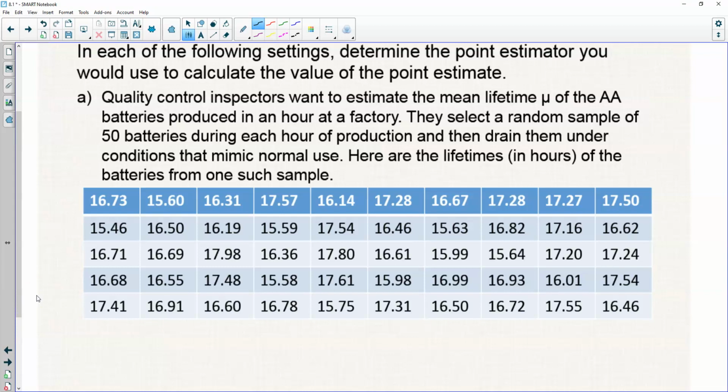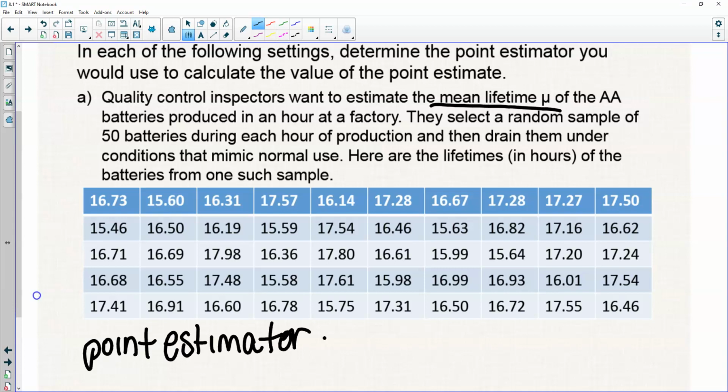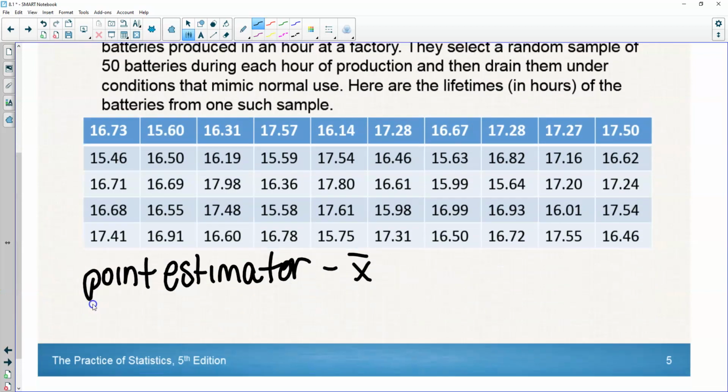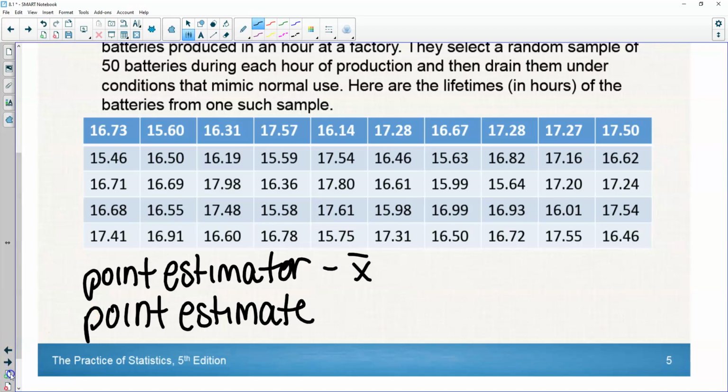In this case, since it's talking about, let's see where it says in the question, mean lifetime mu, our point estimator would have to be x bar, and our point estimate is going to be the actual value of x bar of our sample here. So we have to actually calculate that.